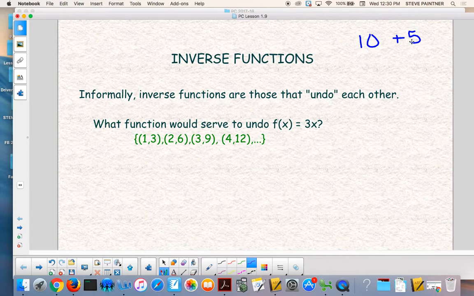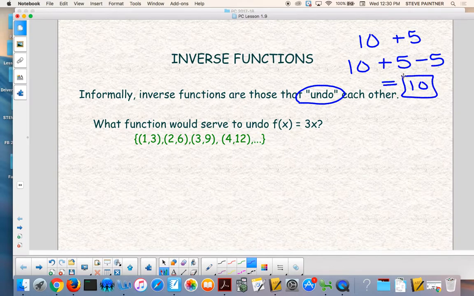What if I want to go back to 10? What undoes addition? Subtraction. So 10 plus 5 is 15, but if I go 10 plus 5 minus 5, I'm right back at 10. So when I say undo, I mean, how do I undo addition?